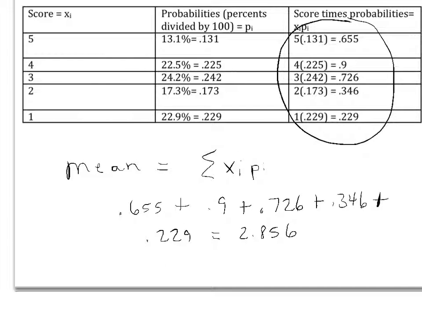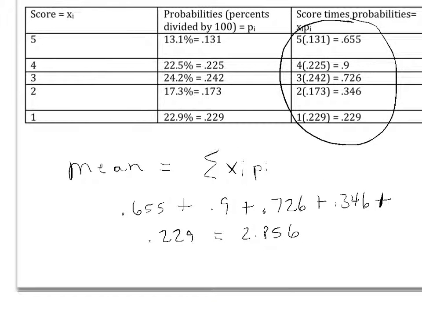We're going to use the formula for standard deviation as sigma is equal to the square root of the sum of x sub i, which is each score, minus the mean, quantity squared, times the probability.